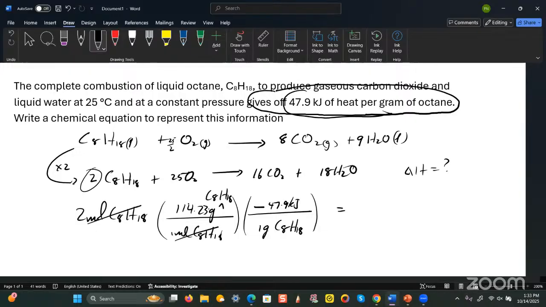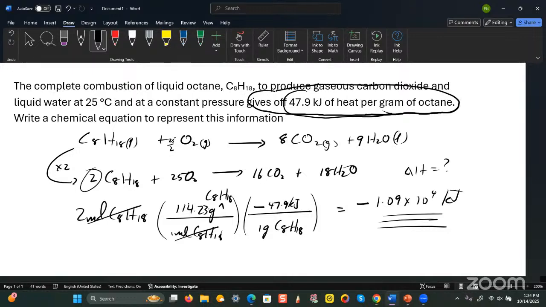And according to my calculations, in this case I have to round off to 3 significant figures, so I got minus 1.09 times 10 to the 4 kilojoules. And that's basically how that is done.